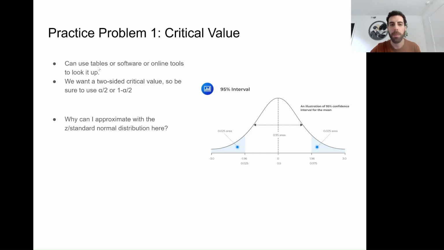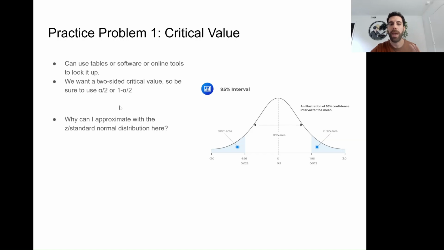So you can use tables, software, or online tools to go from a distribution to the critical value. You just need to supply a few things. First, the probability you want to be to the left, or to the right if you want the positive value. To be clear, you don't want to use 5%.